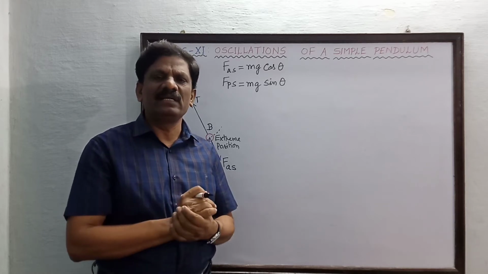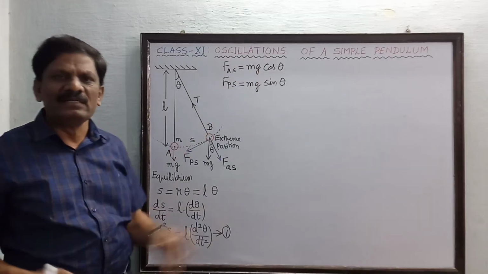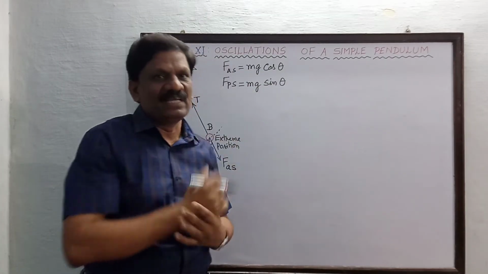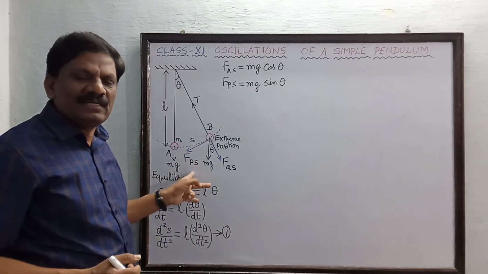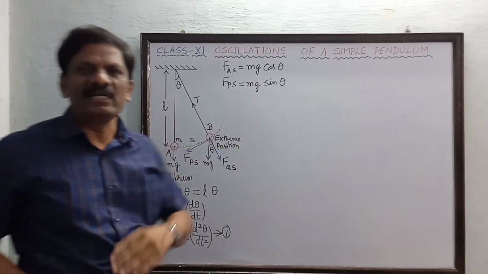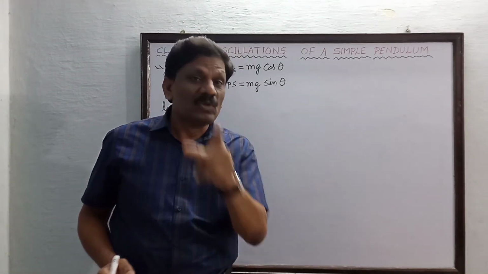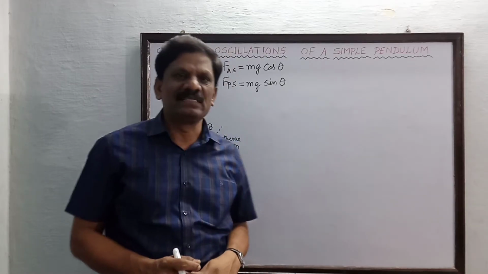Now you see the diagram, children, and tell me which of these two components is acting towards the mean position. It is FPS, is it not? This force mg sin theta is only directed towards the mean position. So this must be equal to the restoring force. Understand that?